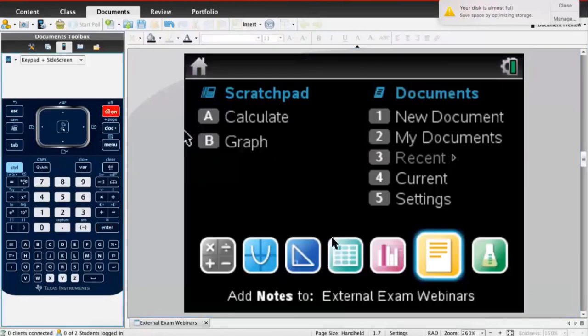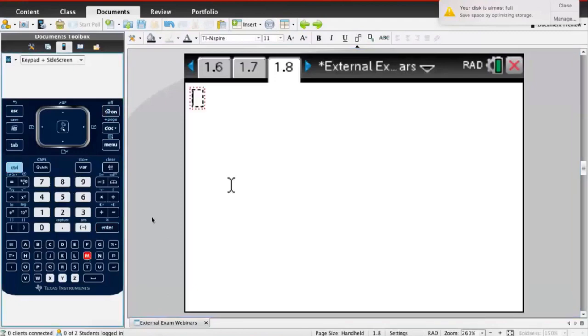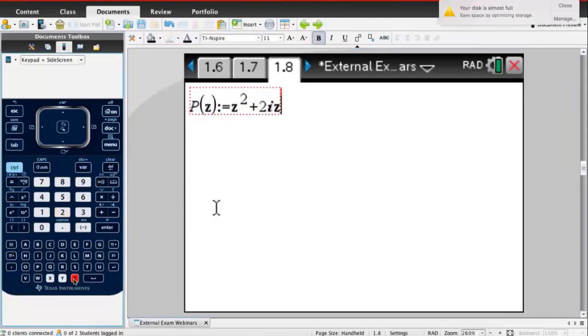So once again, using a notes page and a math box, Control M, and the function, so I'm going to call it P of Z, and we want to assign that, so Control and just here, so that's assigning, and it's Z squared plus 2i Z minus 5. Okay, so that's assigned.